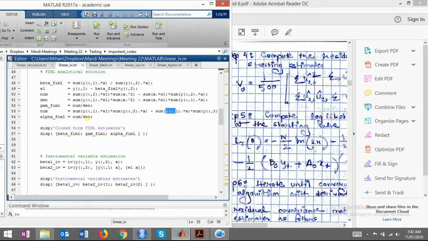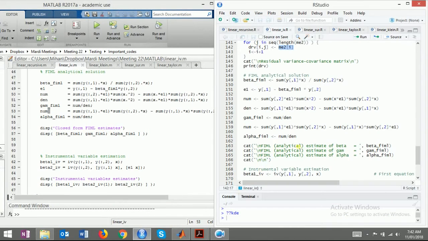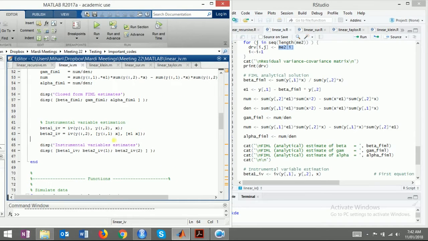Here is also the same. Instrumental variable estimation: beta 1 IV, you just call the instrumental variable function. When you call IV, it will automatically give you y1 y2x, y1 u1 and beta 2 IV. See IV, it will give you everything.